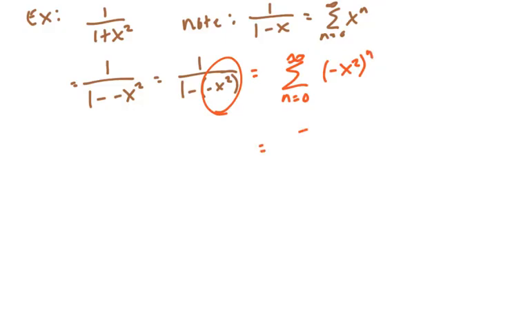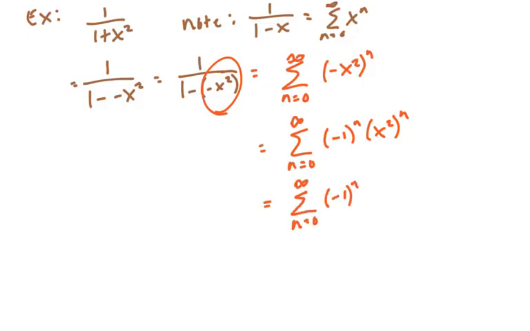Now, we can look at this and say let's split it: negative 1 to the n power and x squared to the n power. So this means we have the series from n equals 0 to infinity of negative 1 to the n, and we could call this x to the 2n.